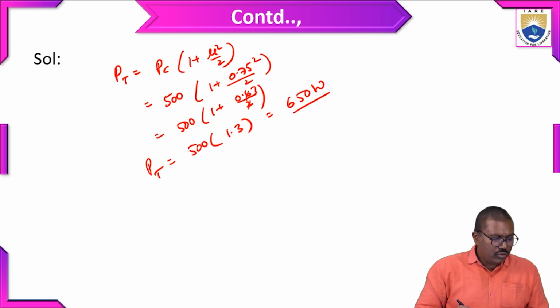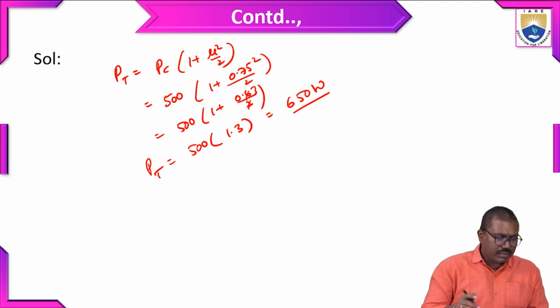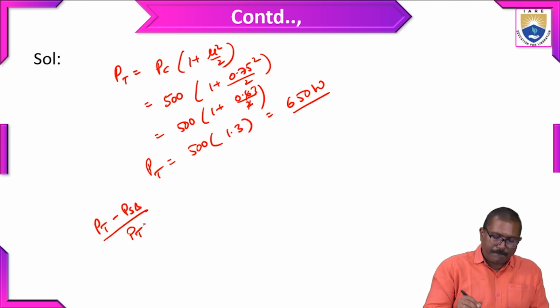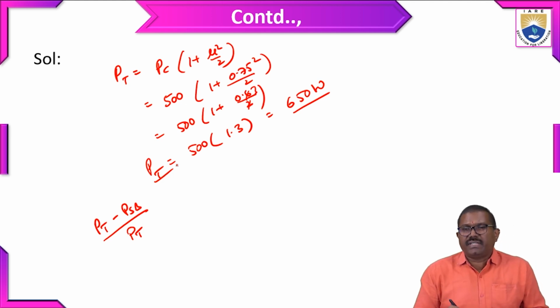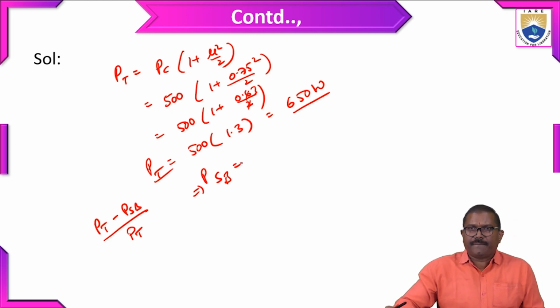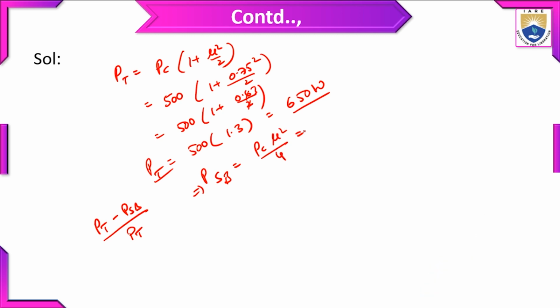Okay, so power saving of SSB with respect to AM: first PT minus PSB divided by PT. Here PT is the total power calculated in AM. Now for the sideband, PSB, power in the sideband, the formula is PC mu square by 4.